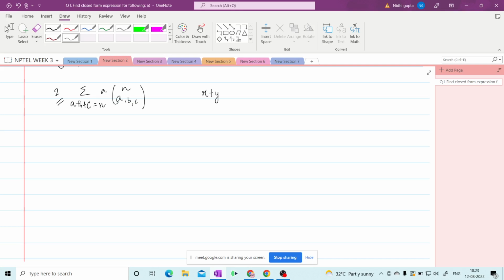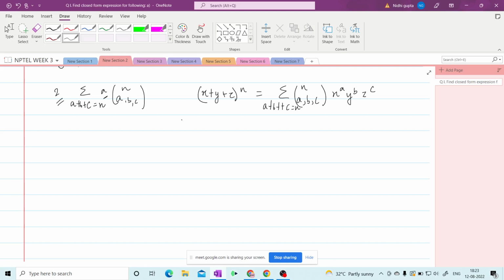So we have seen that x plus y plus z raised to the power n is just the sum of n choose a, b, c, where x has power a, y has power b, and z has power c, and a plus b plus c is equal to n. Now we want to compute this expression. So we have a in the multiplication.